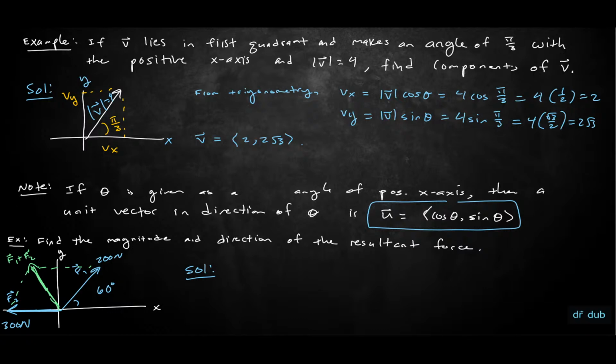Really find the components and do all that stuff. So F1 is actually going to be 200 times cosine 60 comma sine 60. And F2 is going to be 300 cosine of 180 comma sine 180.